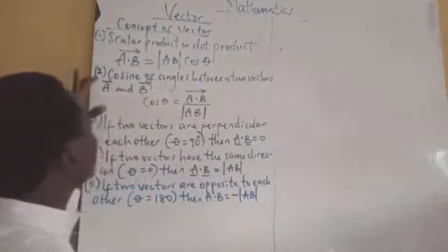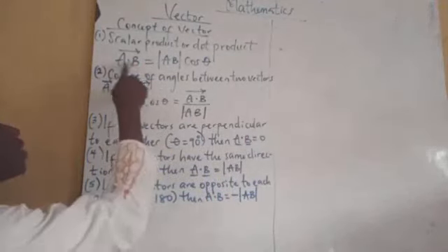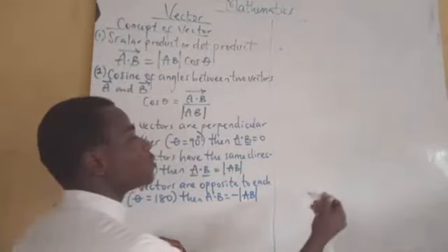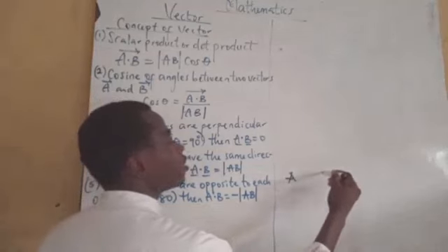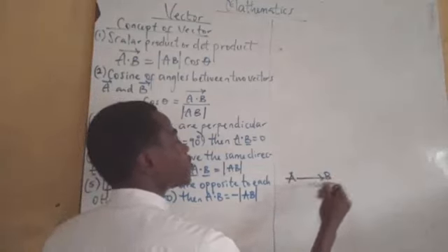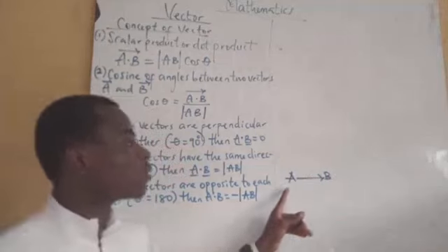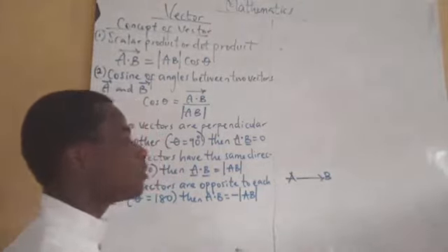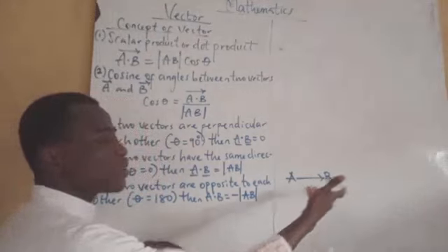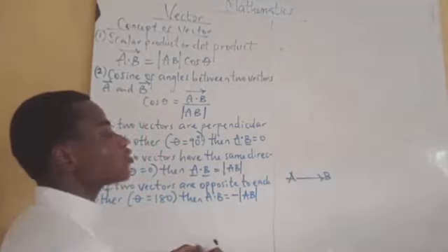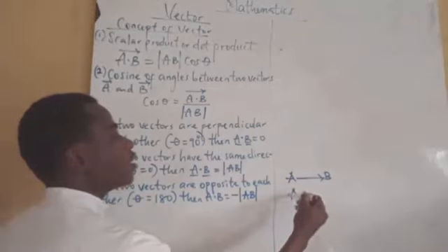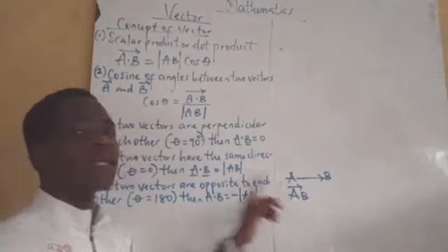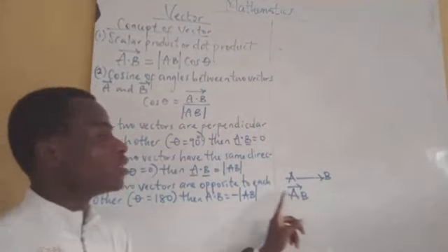So if you're having A dot B, let's say an object moves from A to B. So the object has magnitude, that is, we can measure the size or the distance between A and B. So in vector, we're going to say A dot B and put a line on top. This line on top implies that A to B is a vector.